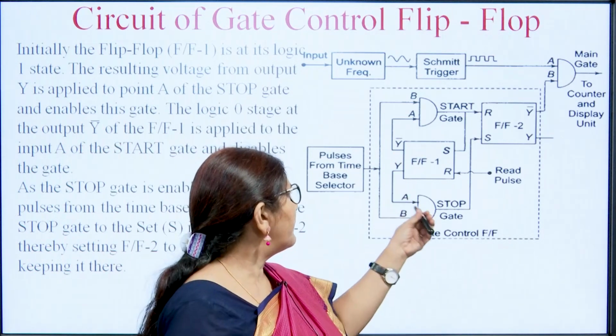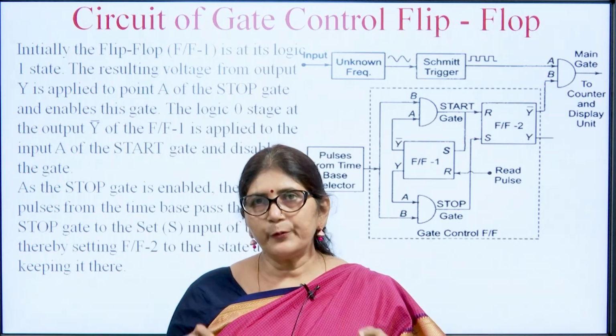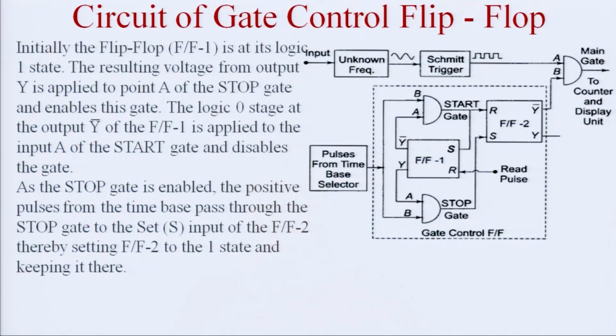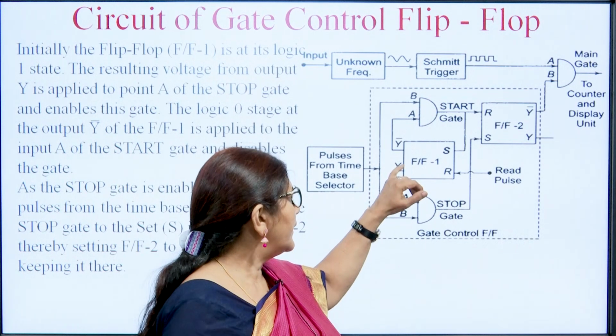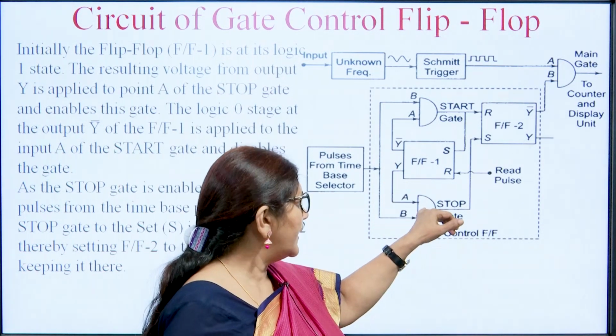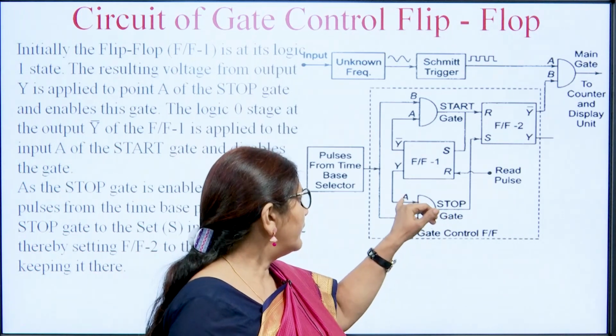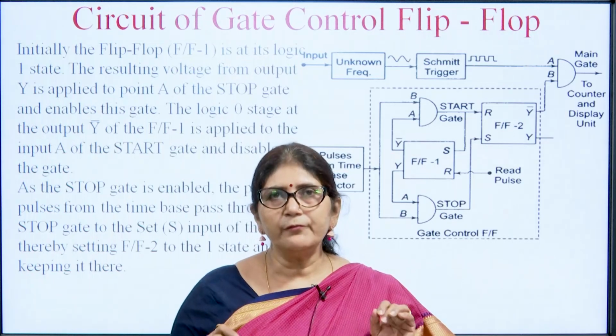Y is applied to point A of the stop gate and enables it. When Y is high, the A input of the stop gate is high, so the stop gate can produce 1.